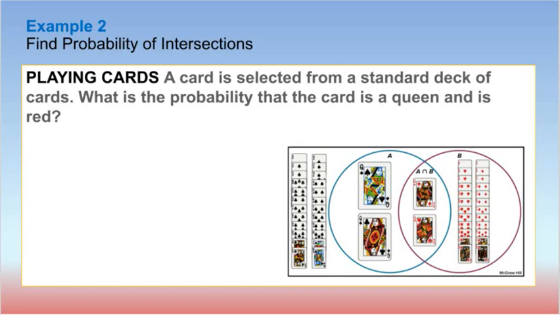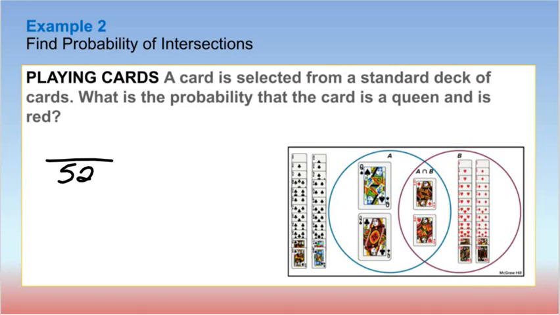Next, a card is selected from a standard deck of cards. What is the probability that the card is a queen and is red? Out of all the cards, there are 52 cards. We want to know the probability that the card is a queen.